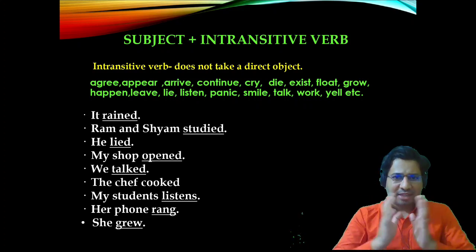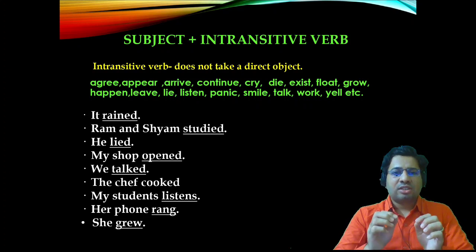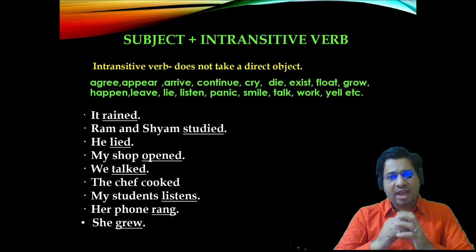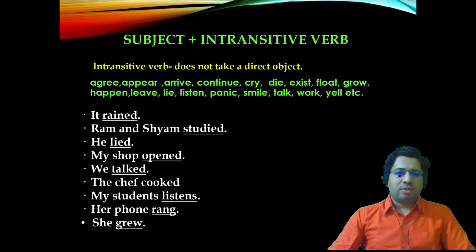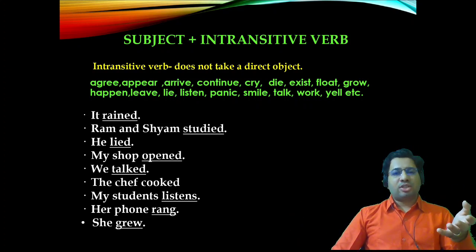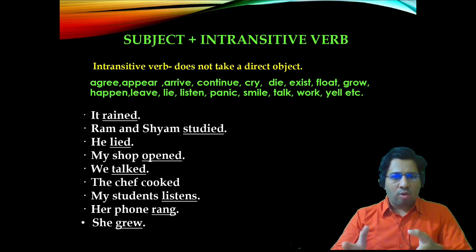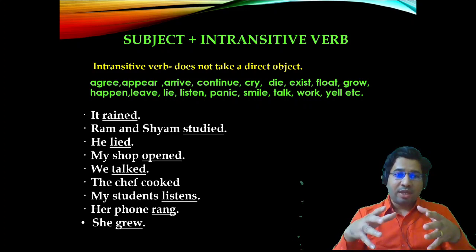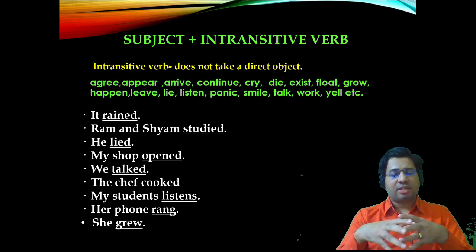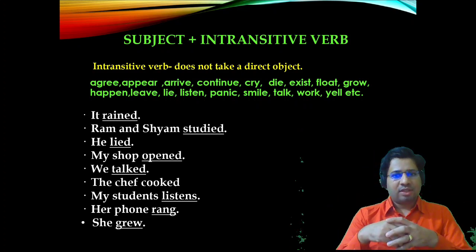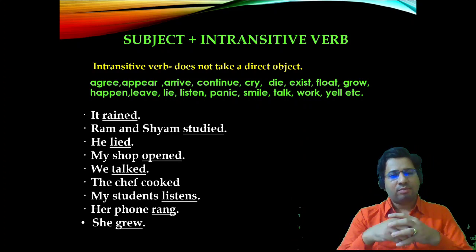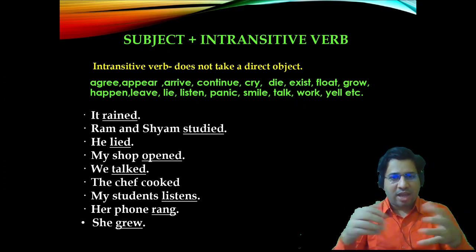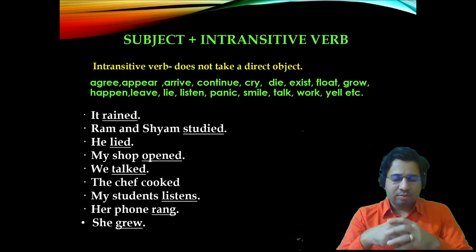To be more precise, in this sentence pattern, a simple sentence has a subject and an intransitive verb. It can be a single subject such as Tom, or sometimes a compound subject like Tom and Jerry. Similarly, it can have a single verb like ran, or a compound verb like ran and jumped.